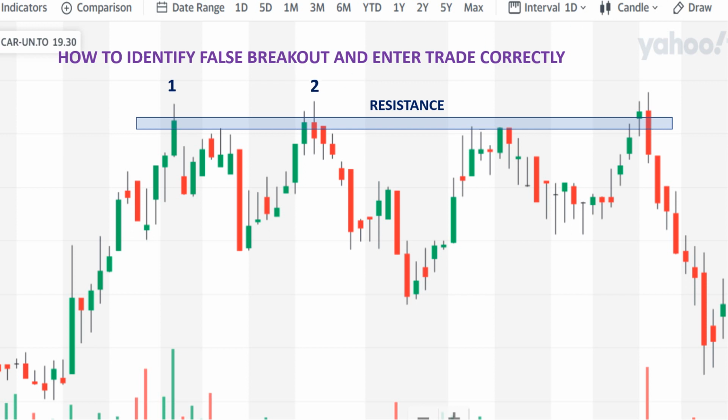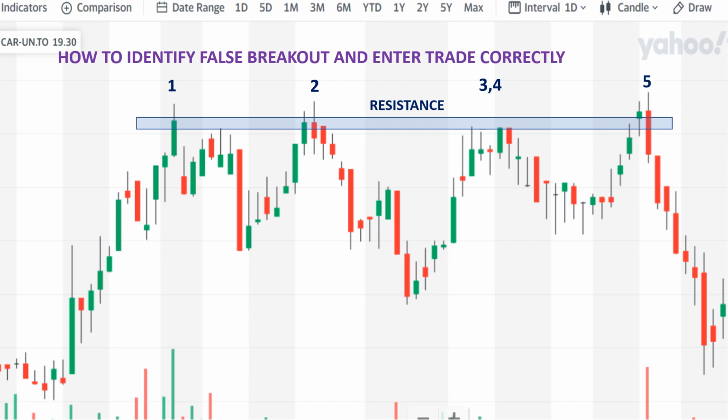Similarly, at the second swing high, we have a bullish and bearish candle, both with upper shadows breaking the resistance. As we move to the third and fourth swing high, the candle penetrates into the resistance level and then bounces back, which is a normal behavior.